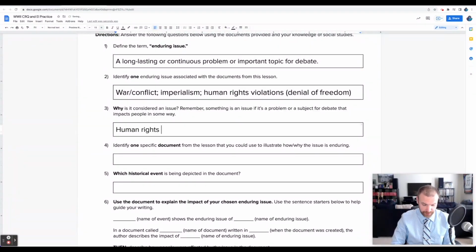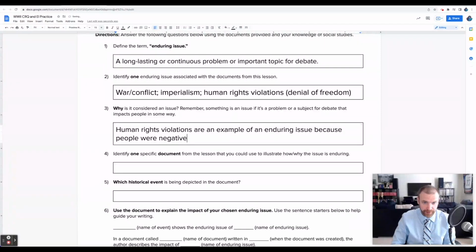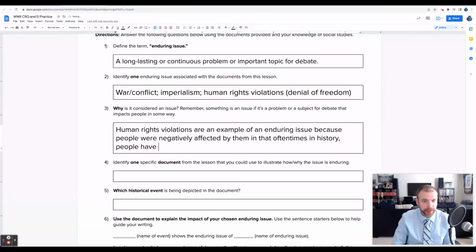Human rights violations are an example of an enduring issue because people were negatively affected by them, and oftentimes in history, people have been denied the right to life, liberty, or property.